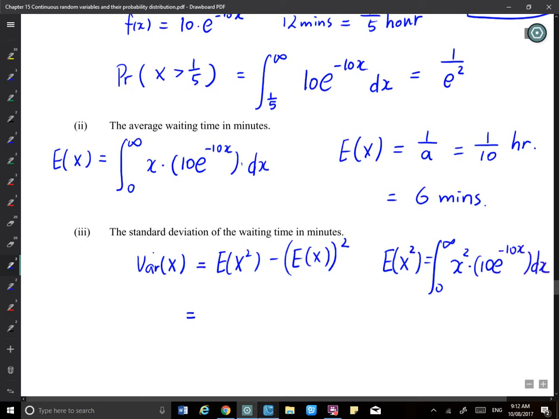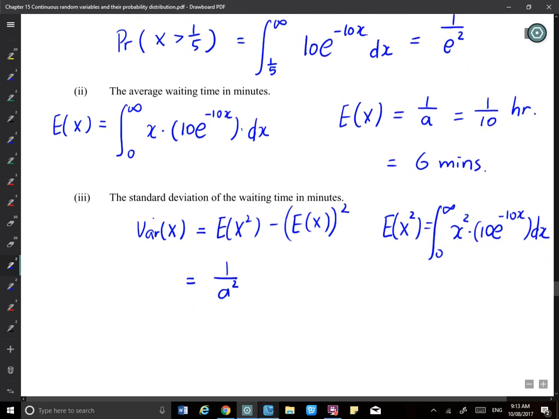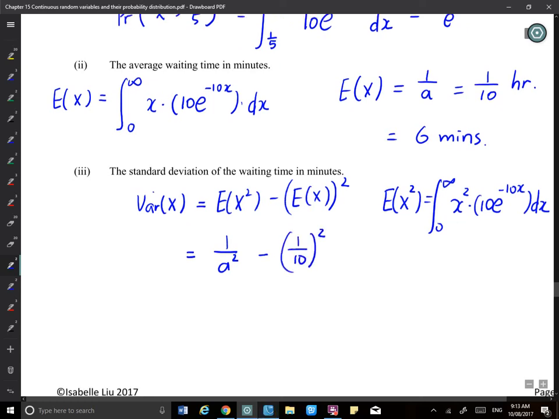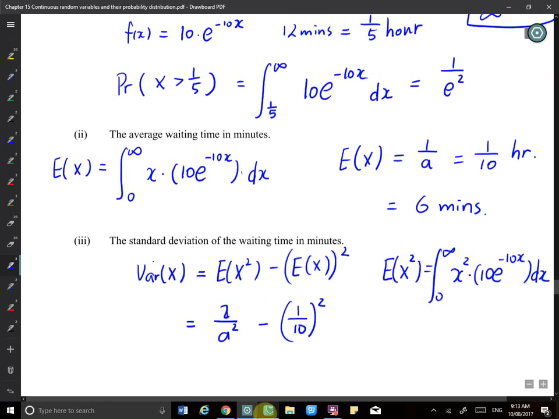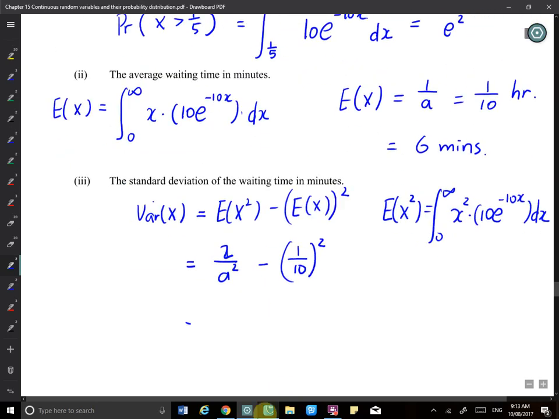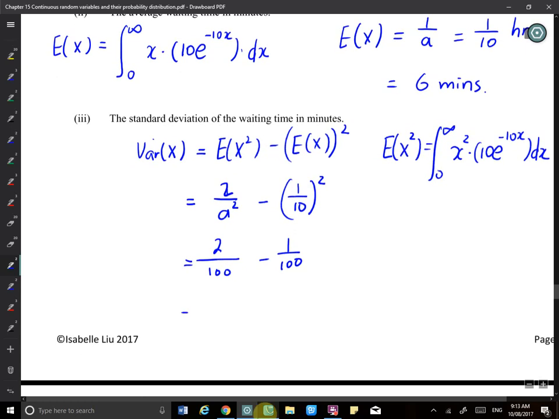Without being given the fact that expected x squared is 1/a squared, I would use that formula. But like this question is given, I can use it, and I will minus 1/10 squared. That's 2 on a squared, 2 over 100 minus 1 over 100. I will have 1 over 100.